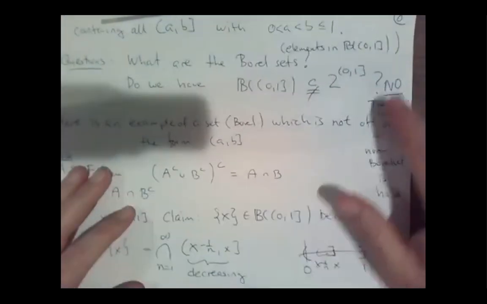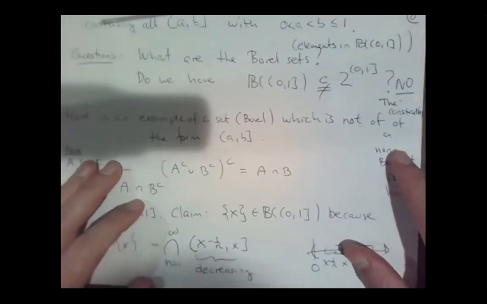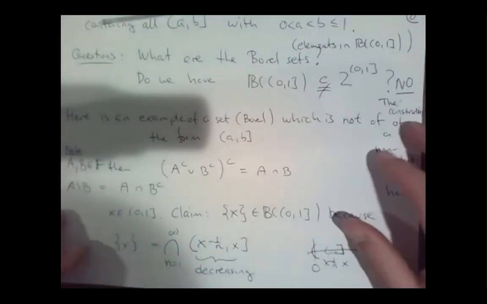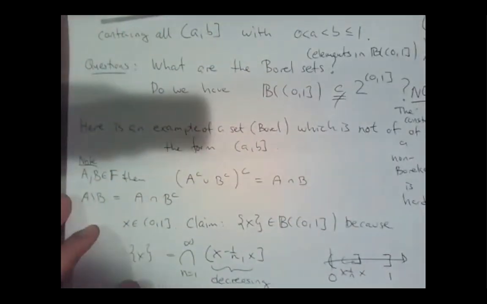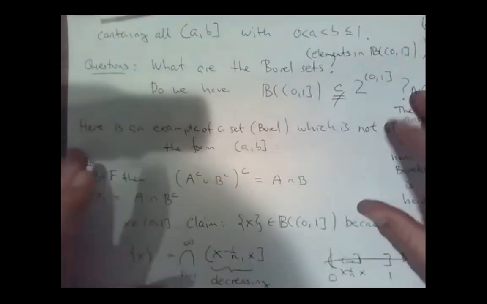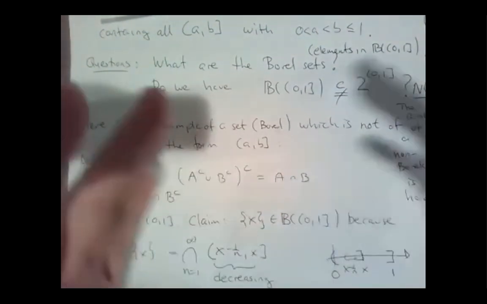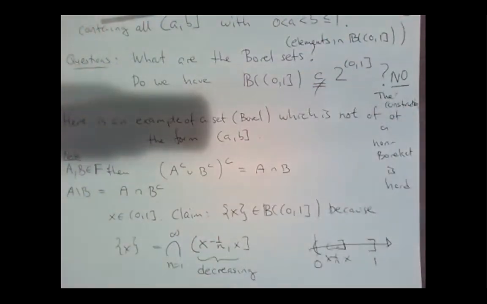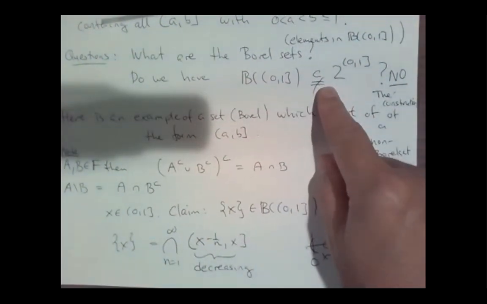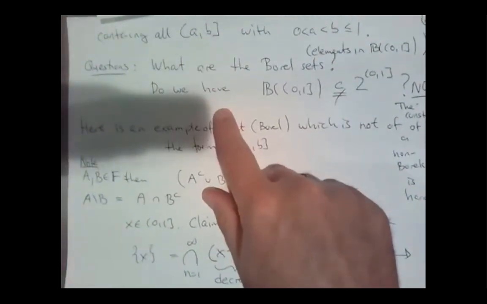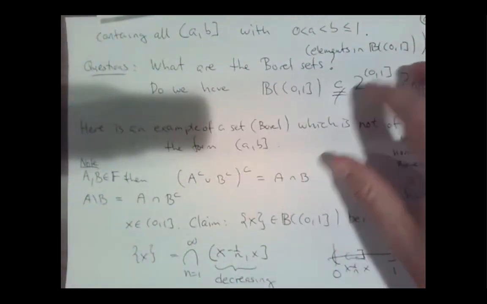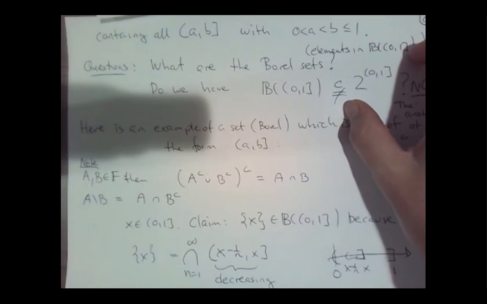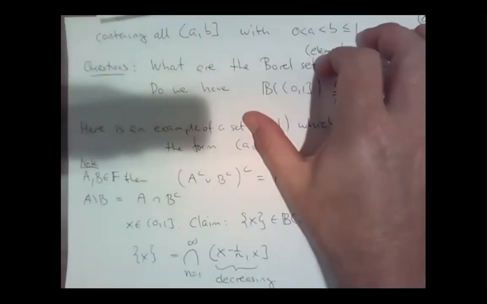So I won't give you this construction here. If you're interested, you can Google, and there are lots of ways to argue that there must be such things. And this is at the root of why we need to restrict attention from the class of all possible sets to something small.